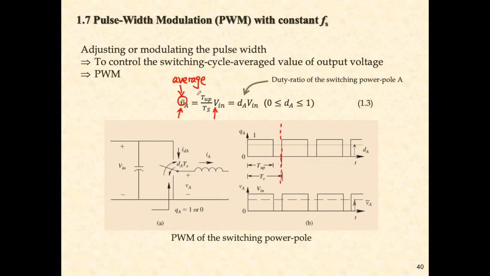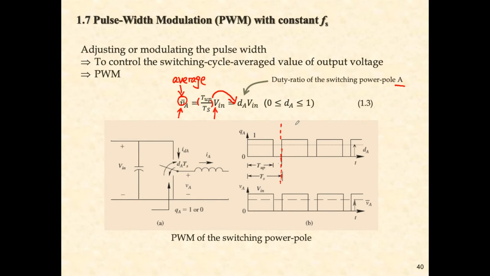Here the ratio can be termed dA. This small d is the duty ratio of the switching power pole A. Why do we term it A?